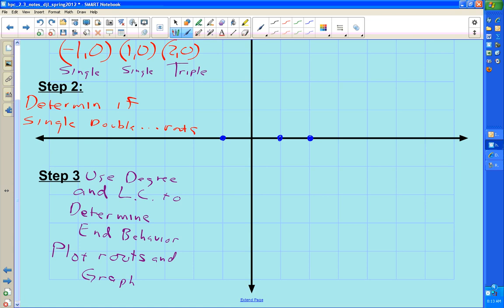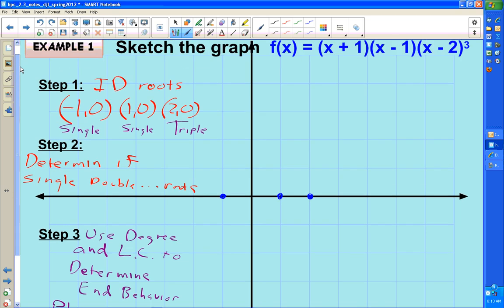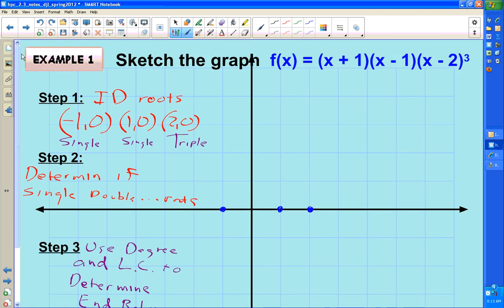If you look at the degree and the leading coefficient, what is the degree? The degree is 5. And the leading coefficient would be 1. The number itself doesn't matter. What matters? Positive or negative, and it's going to be positive. Degree is 5, leading coefficient is positive.